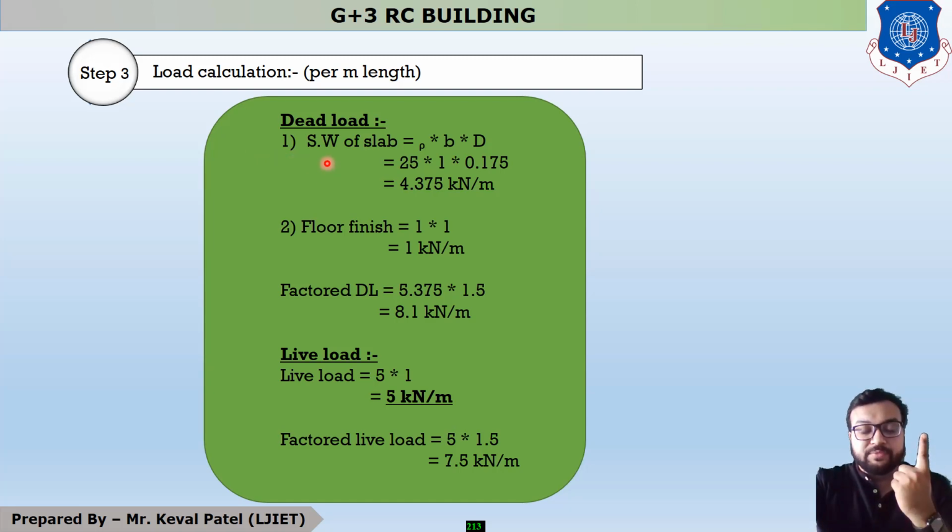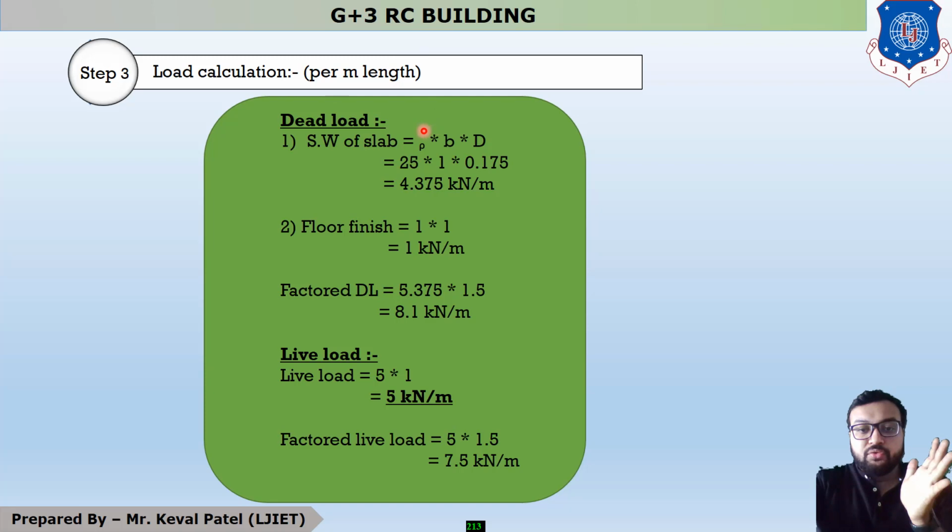First one is self weight of slab. So how to find the self weight of slab? The equation is rho, which is the density of concrete, into B into D. B is equal to 1, because we have to find all the loads per meter length.